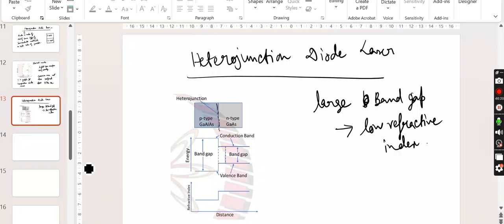So what happened? Basically, the light cannot escape through the p-side. When the light wants to go from n-type to p-type, it basically undergoes total internal reflection.